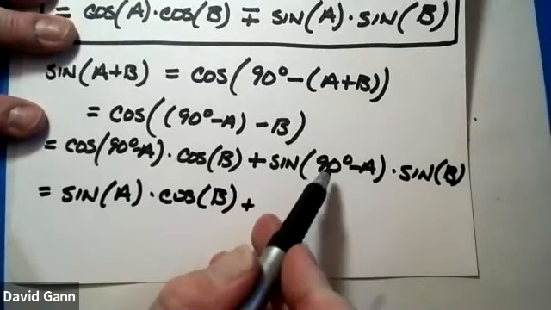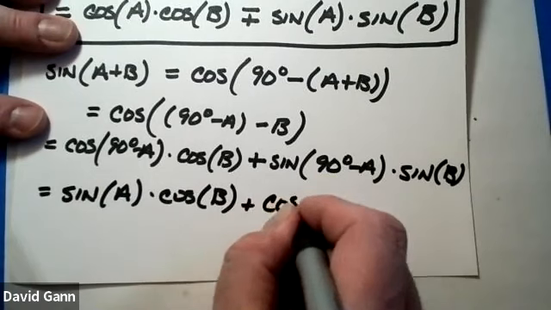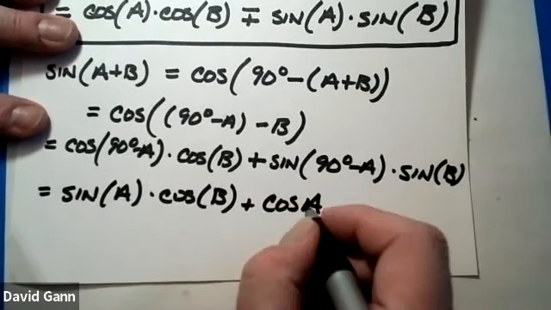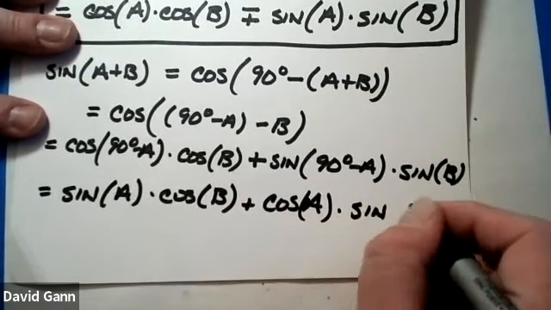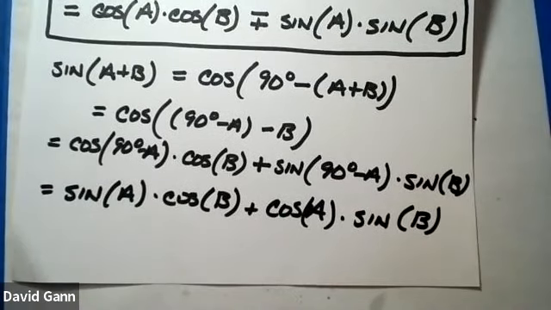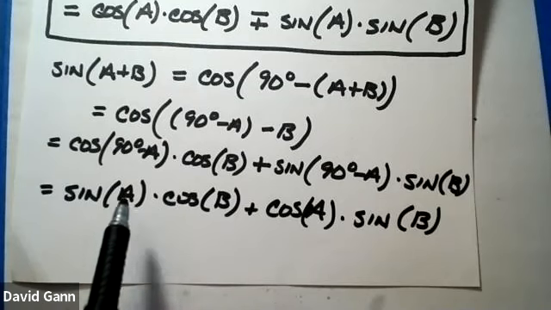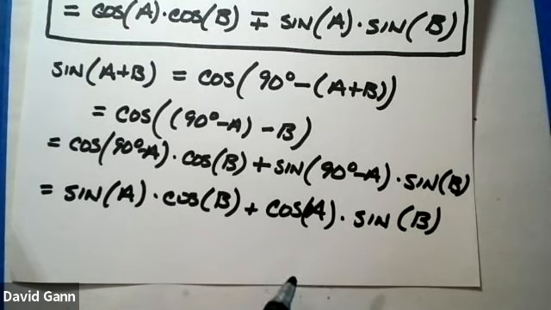Then plus sine of 90 minus A will become cosine of A, times sine of B. Now, this is not the way that I remembered this when I was first taught this, whoa, these many years ago. I remember this as sine A cosine B plus sine B cosine A, but those are equivalent. Either way that you remember this is fine.